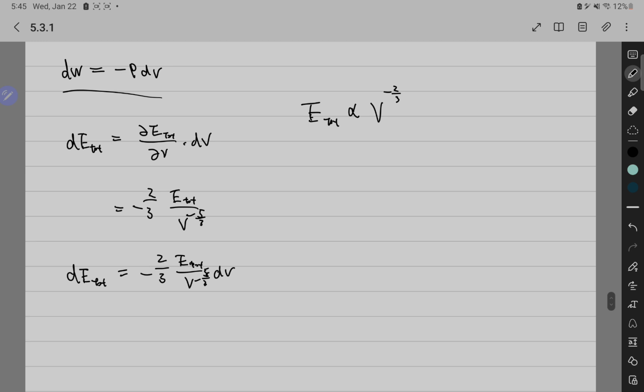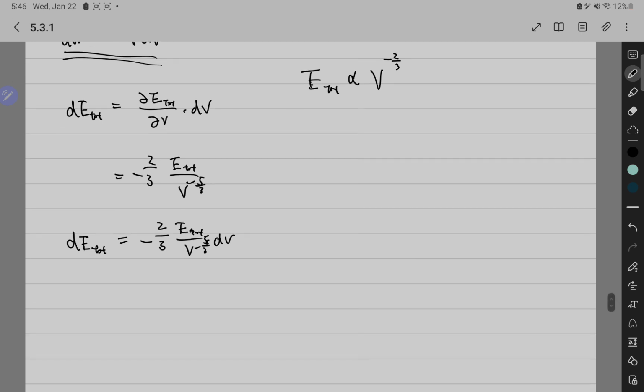If we equate this formula to what we have for dW equal to negative P dV, then we can solve for P, which is P equal to negative dE total over dV, which is 2 over 3 times E total over V to the power of 5 over 3.